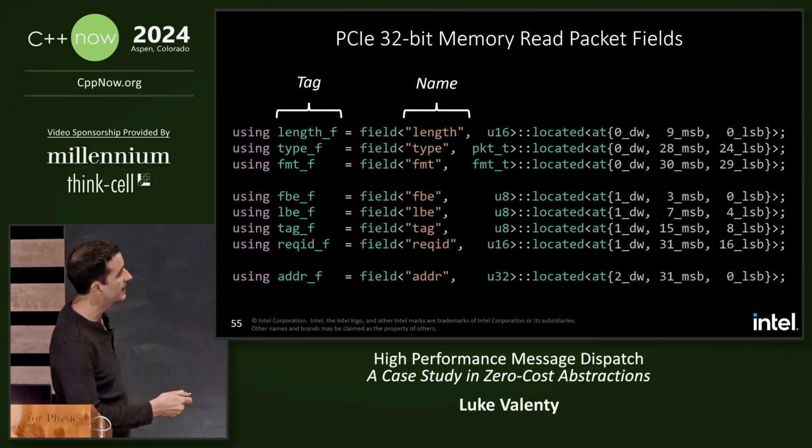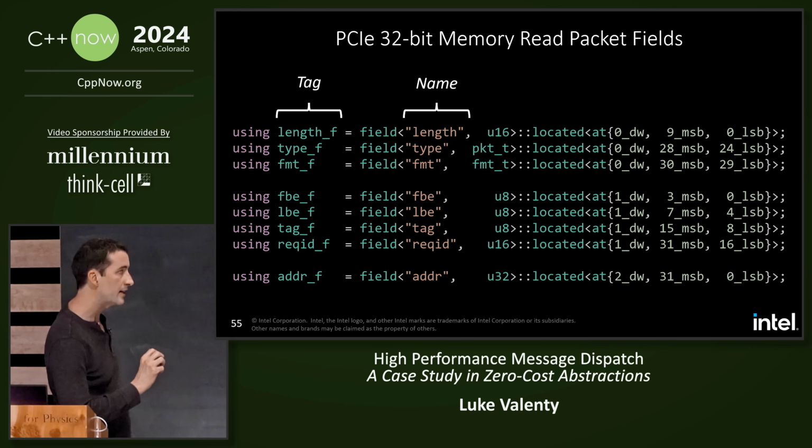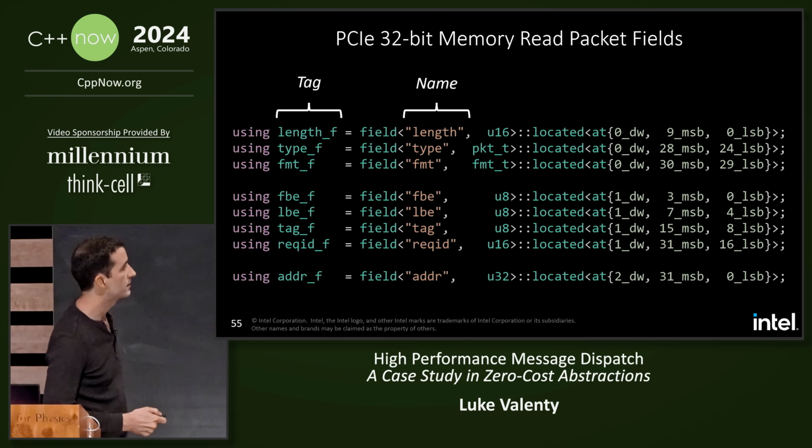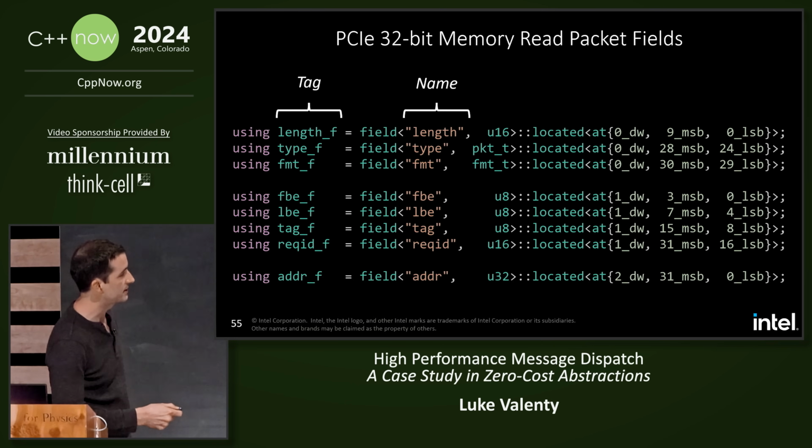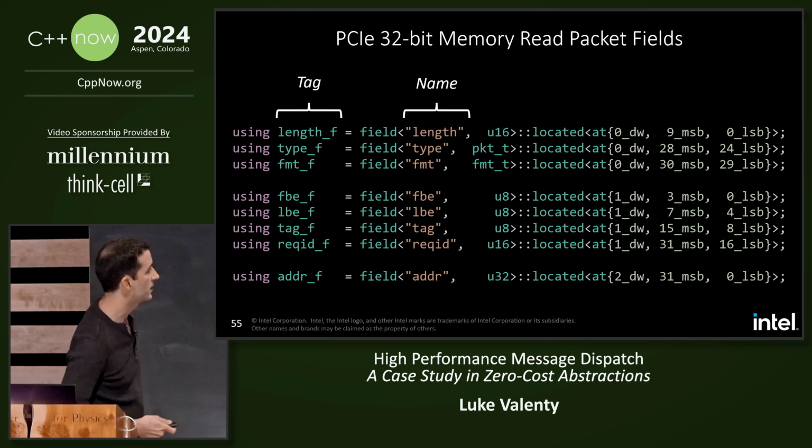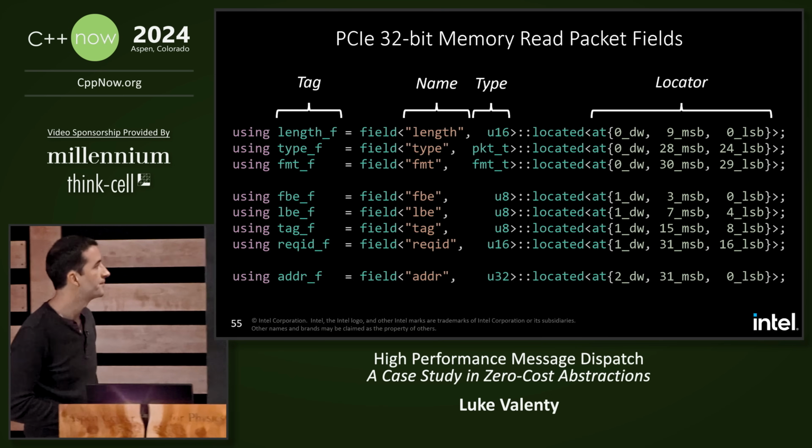And so if you use this name, you can reuse the same predicate for different packet types, which is kind of nice. You can use the same get method for that. That's not fully realized for dispatch yet, but it is fully realized for getting the fields. And then our locations, we don't have it in this example, but we could have multiple locations. So a field can be split across multiple spots.